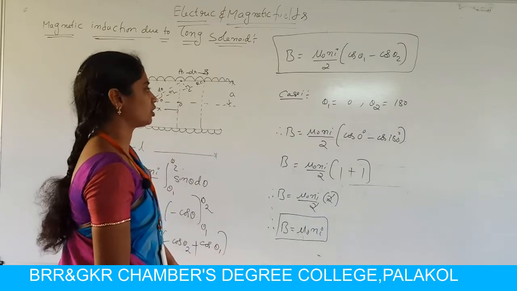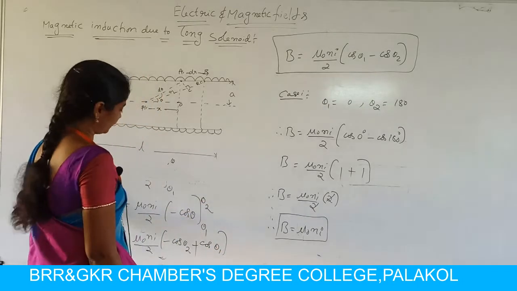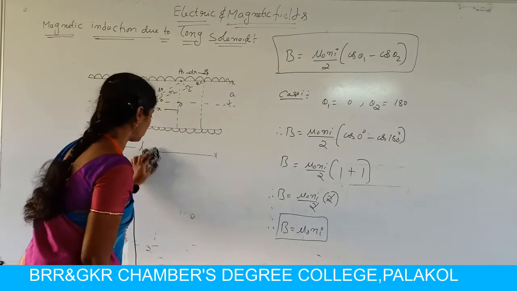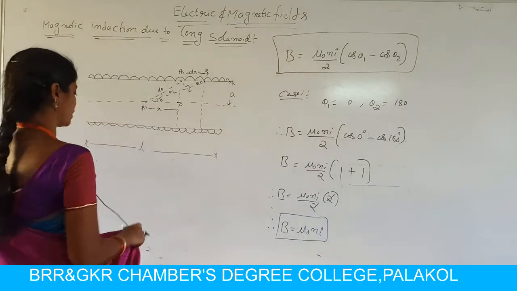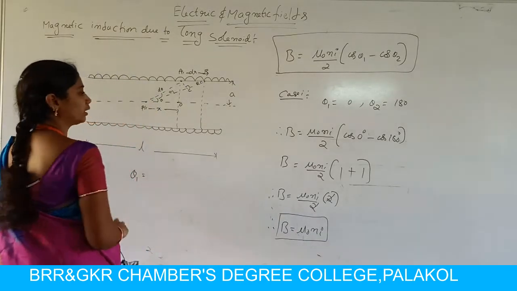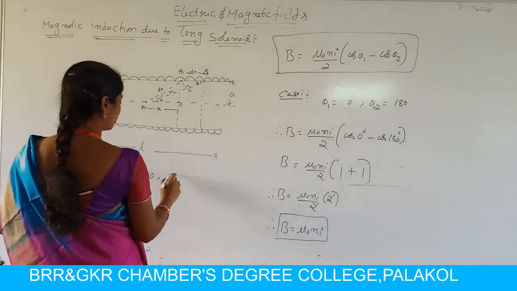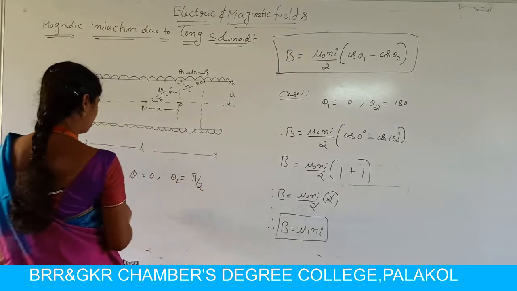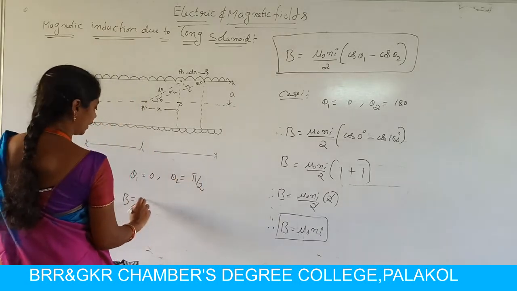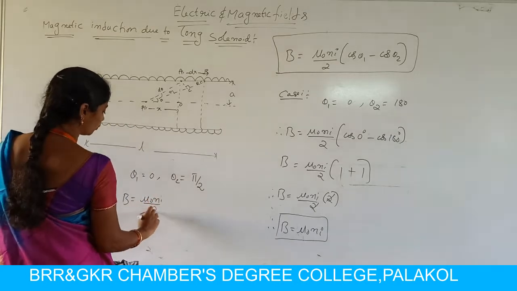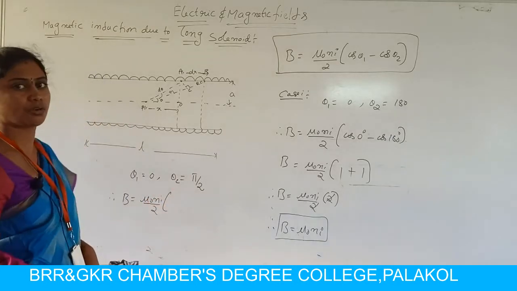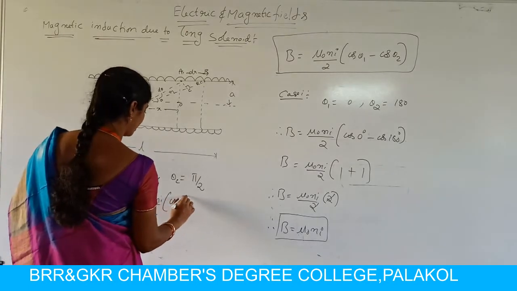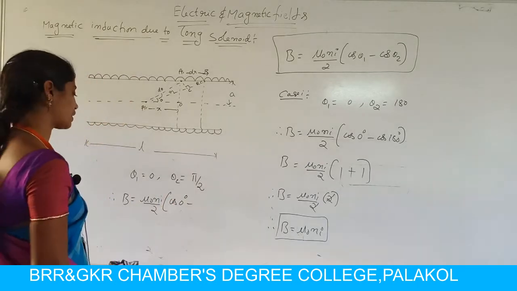The second case is when the point is at the end of the solenoid. Then theta 1 is 0 and theta 2 is pi by 2. Substituting this in the above expression, B equals mu naught ni by 2 into cos theta 1 minus cos theta 2, where theta 1 gives cos 0 degrees and theta 2 gives cos 90 degrees.